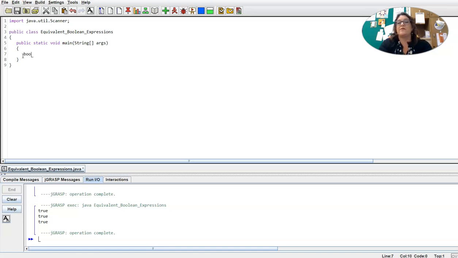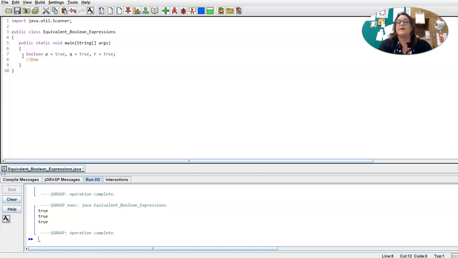So for our notes, we'll have a Boolean P, which is true. Q will be true. And then we'll make another one called R, and we'll let that start out as true as well.